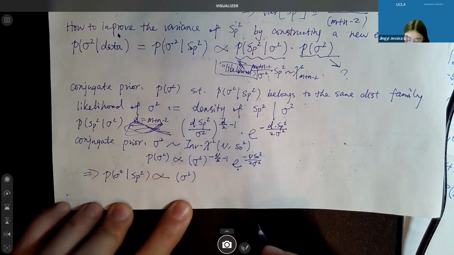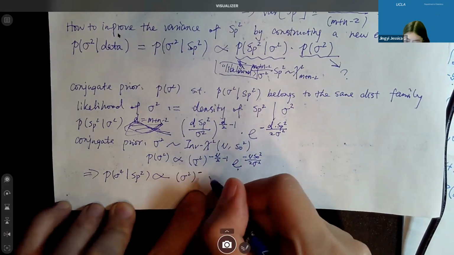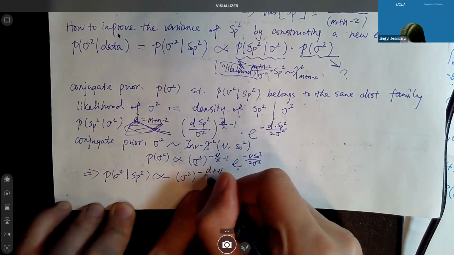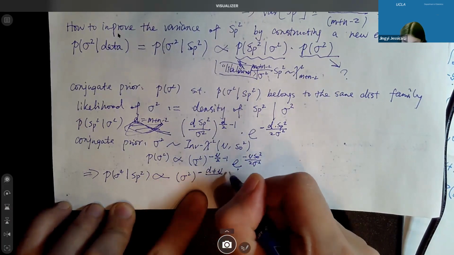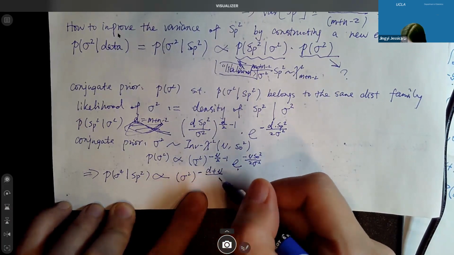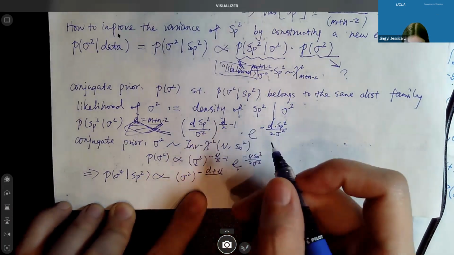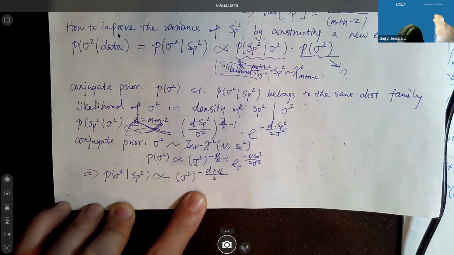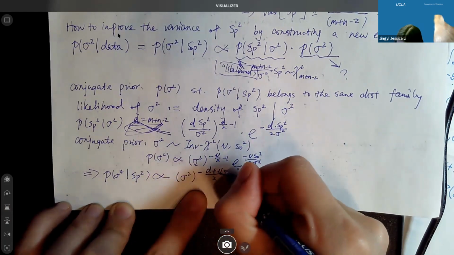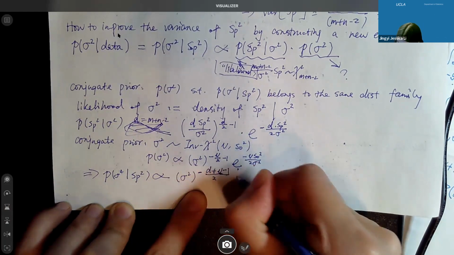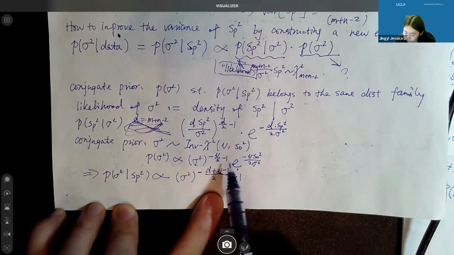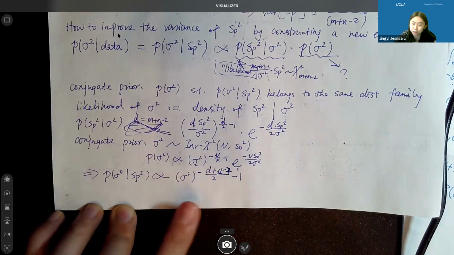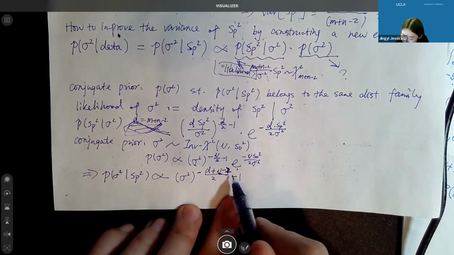Sigma squared to the negative d plus v over 2, minus 1. Let me see. Yep, I will have a minus 1 and minus 1. That should be correct because I have minus 2, my bad. So I put one of them into the ratio so I can keep the minus 1 here.